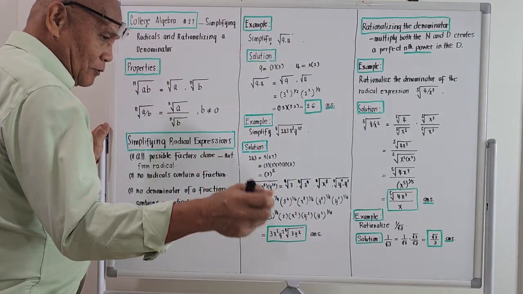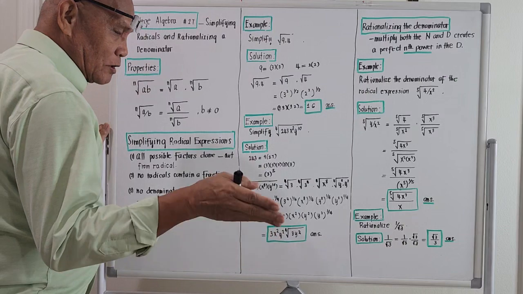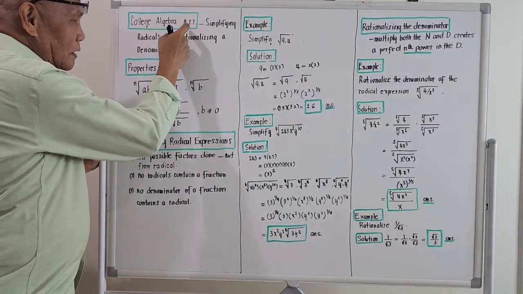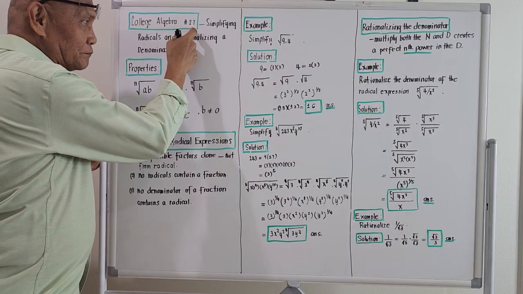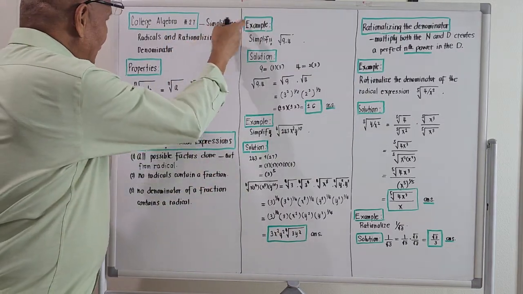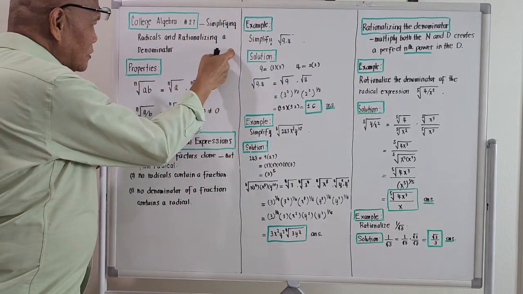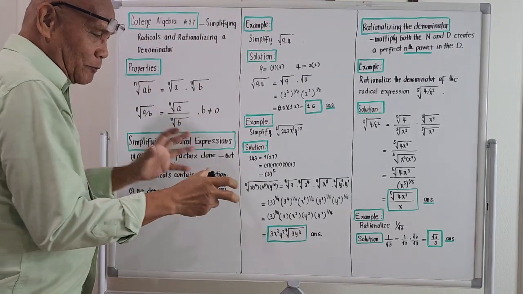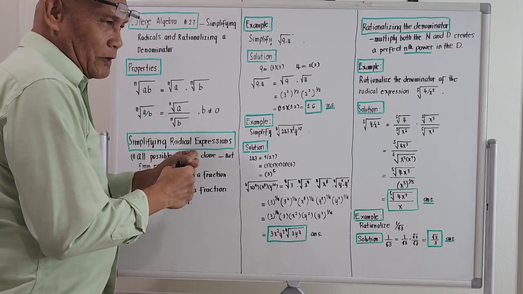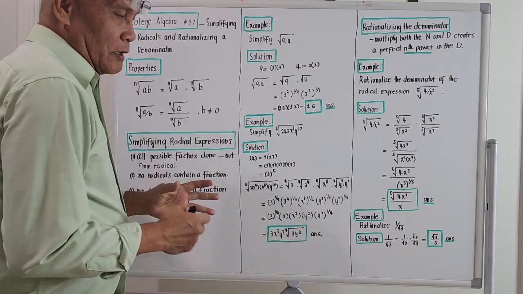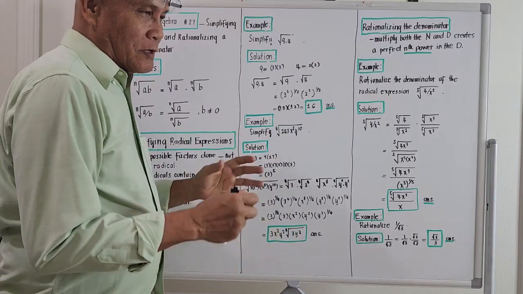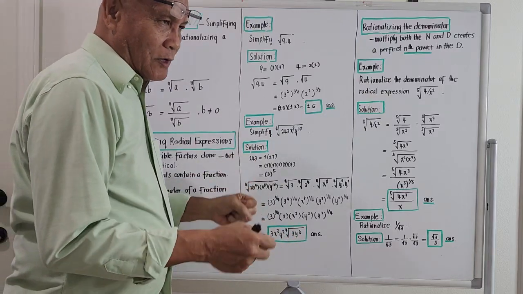The subject matter for this evening will be a long video format discussion, and this is college algebra lesson number 27. The title of the topic will be simplifying radicals and rationalizing a denominator of a radical expression. So, meaning simplification of a radical expression and the method on how to rationalize the denominator of a radical expression.